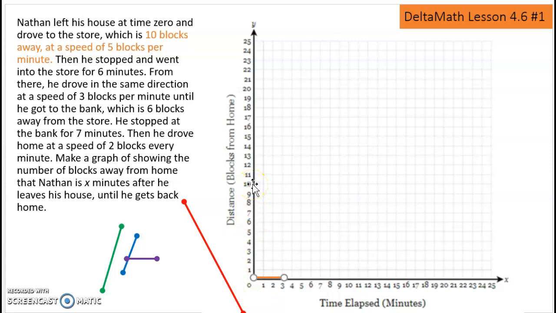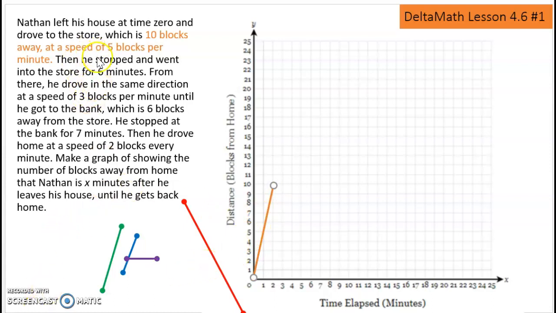But in order to get there, I'm going 5 blocks a minute. So the first minute, going over along my x-axis, I would go up 5 blocks. Then my second minute, I would go up to the 10, and I could drop a point there at 2, 10. So that shows the rate of travel.